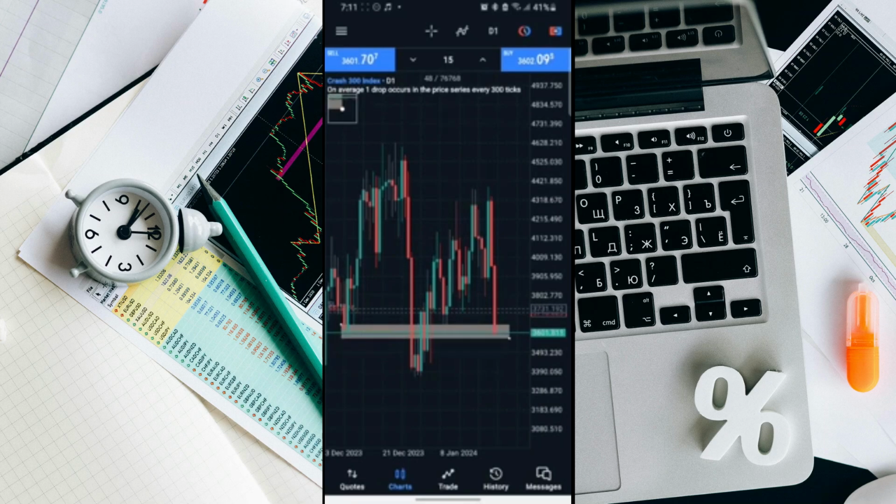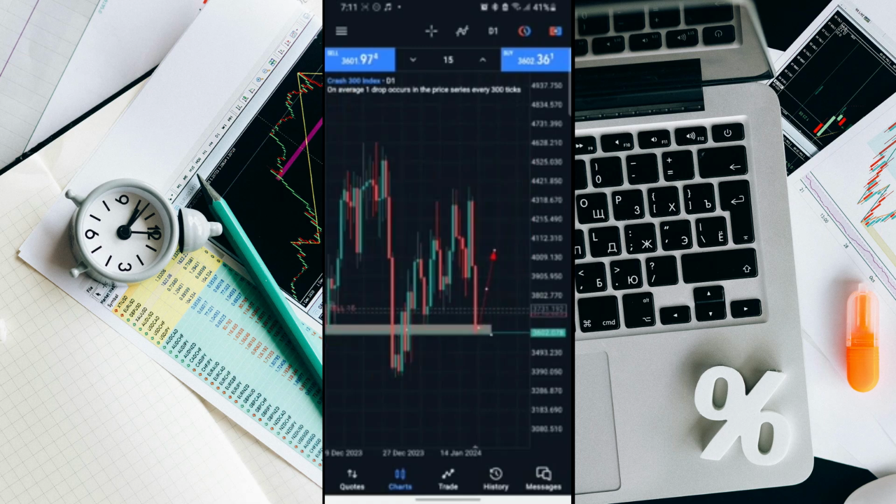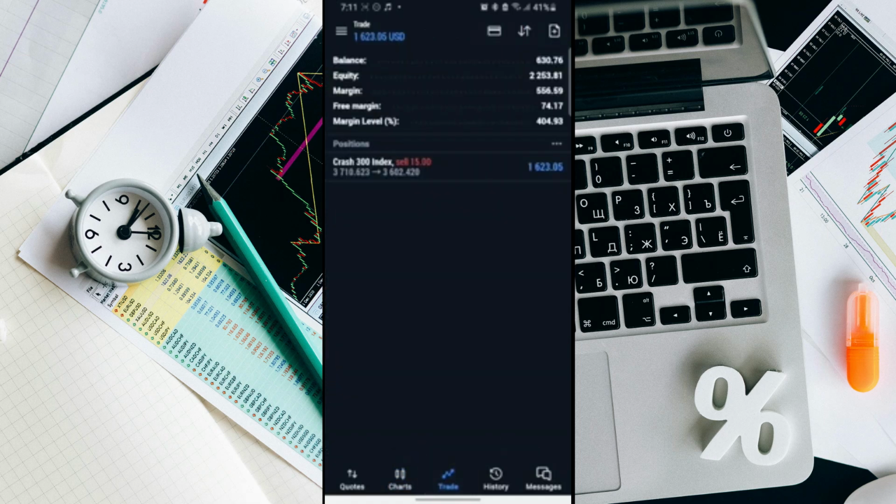That is the principle of rising wedges. So this rising wedge, let me draw it for you and show you how I figured that it was a rising wedge.